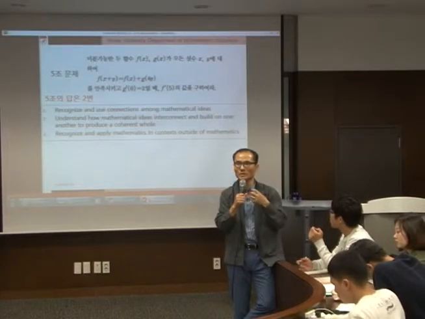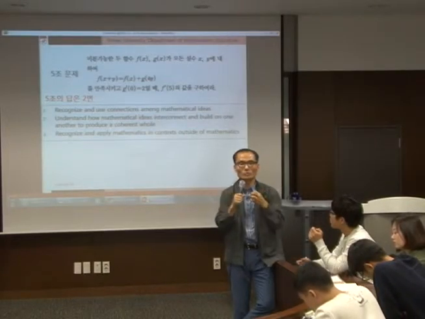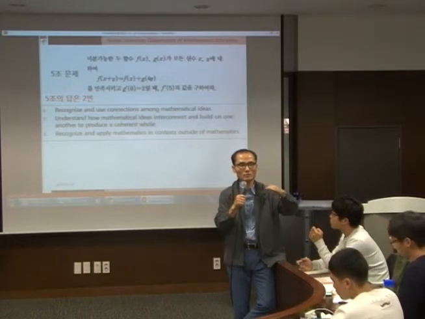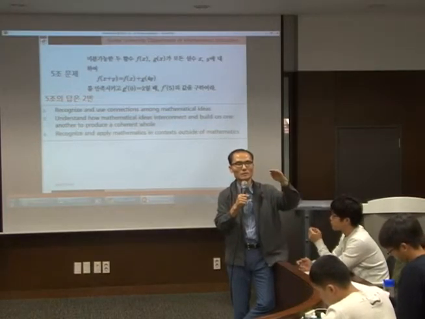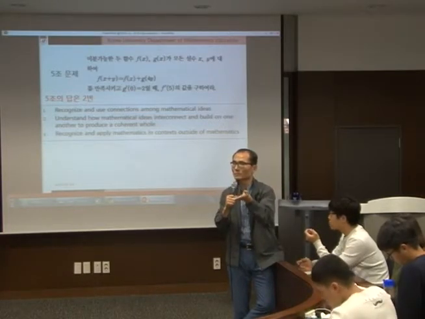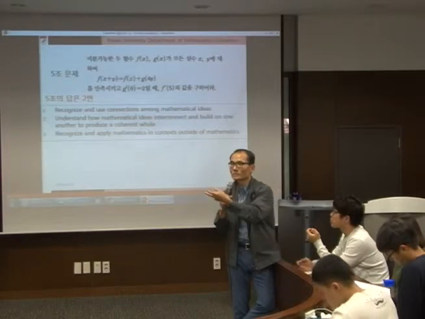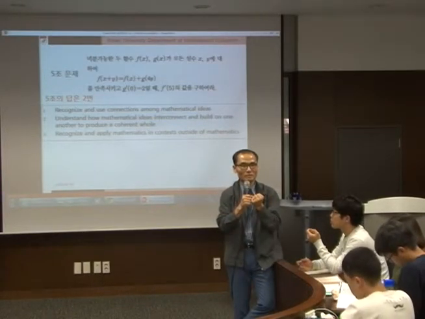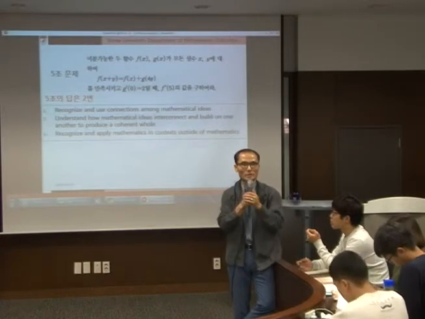Because from my perspective, there is no coherent whole. In other words, that is just a sub-concept, and then the next level of problem was solved by using the first sub-concept, that's just a connection, okay? The first category.